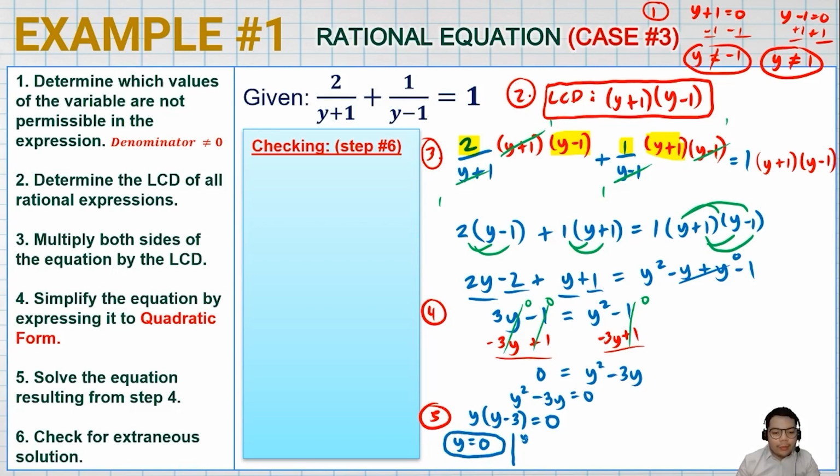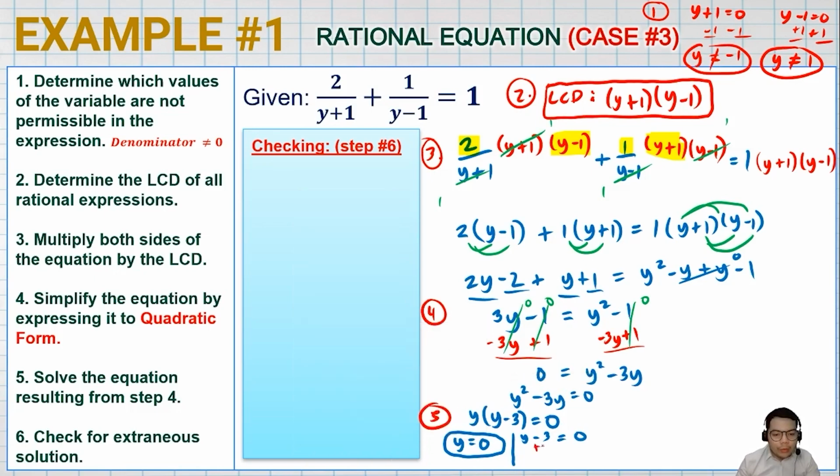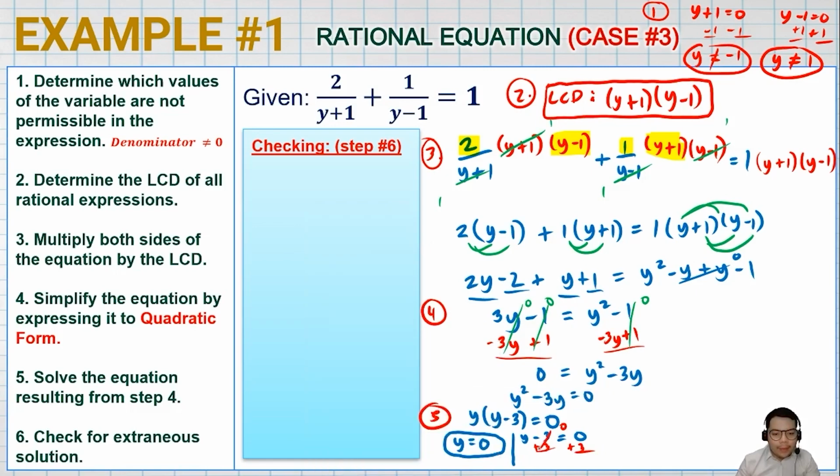Next is we'll be having y minus 3 is equal to 0. Then, we can add 3 for both sides. So, plus 3. Then, this will become equal to 0. So, our final value of y will be y is equal to positive 3. So, the solutions for this one, or the possible solutions are 0 and 3.